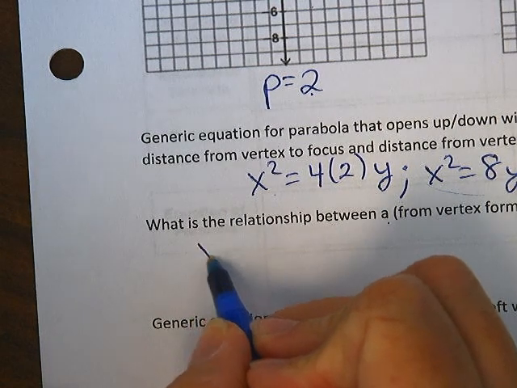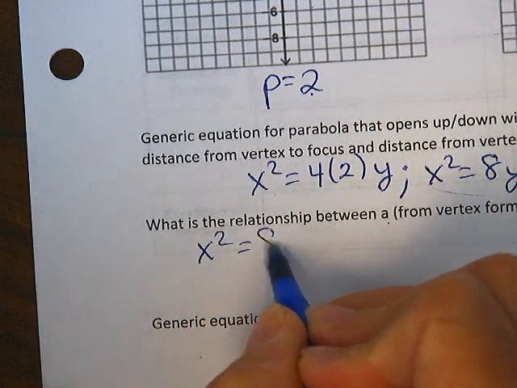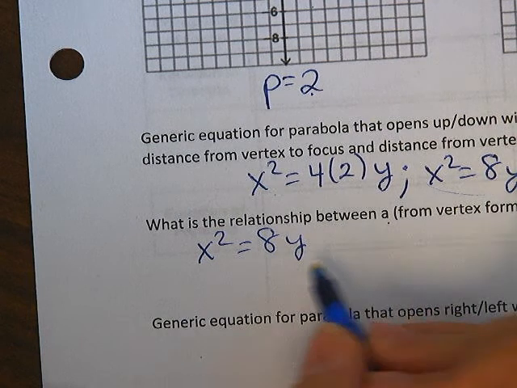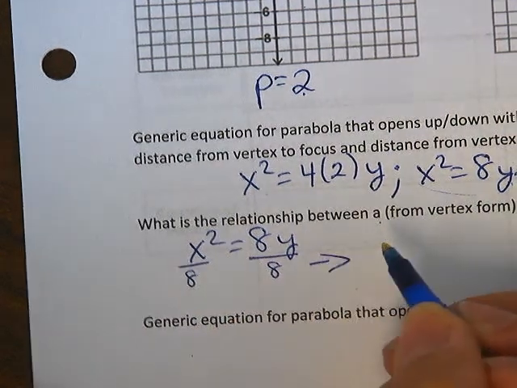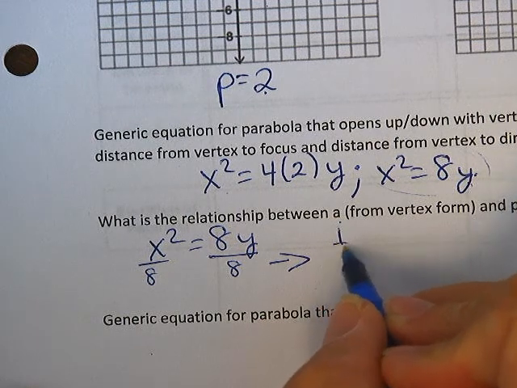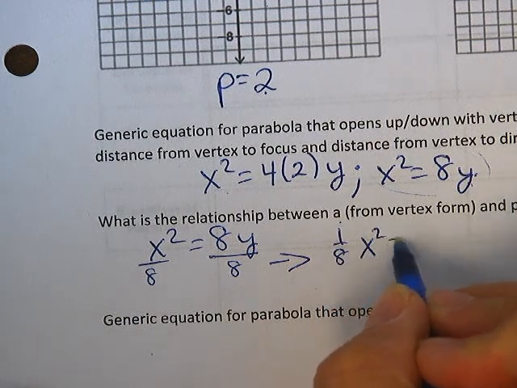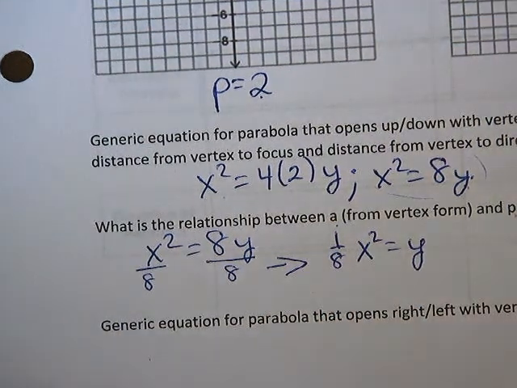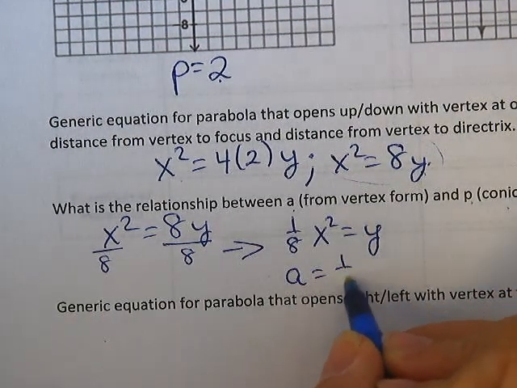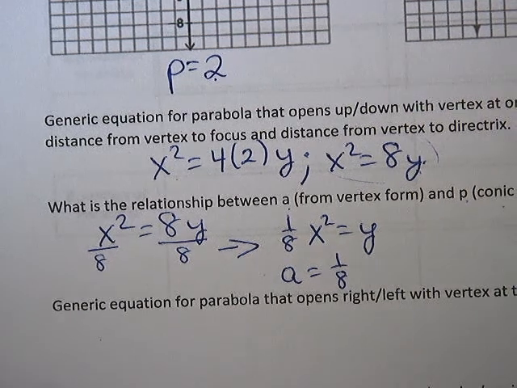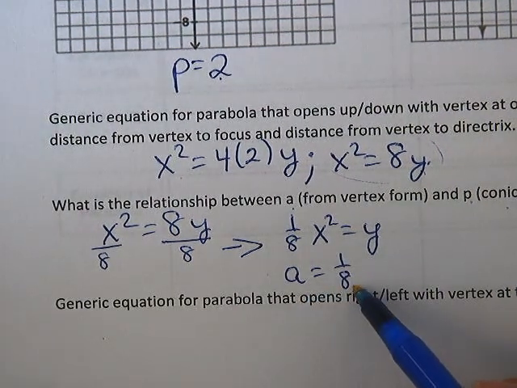If we have x squared equals 8y, to get y by itself, I divide by 8. I can then rewrite this equation as 1/8 x squared equals y. Thus, my a value here is 1/8. So a equals 1/8 when p equals 2.